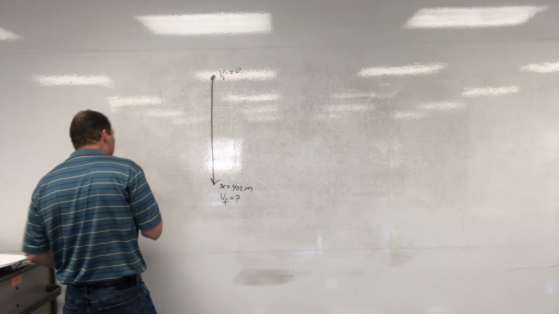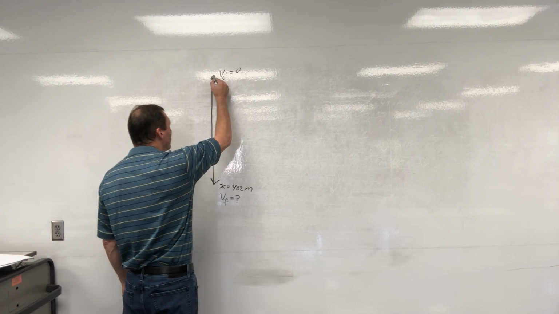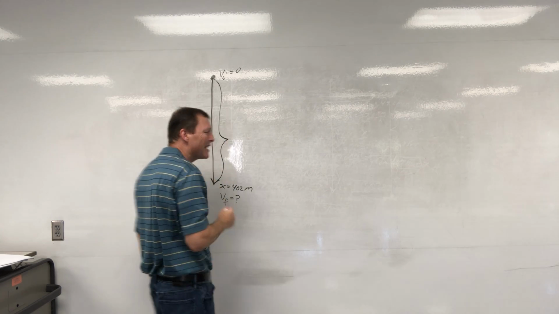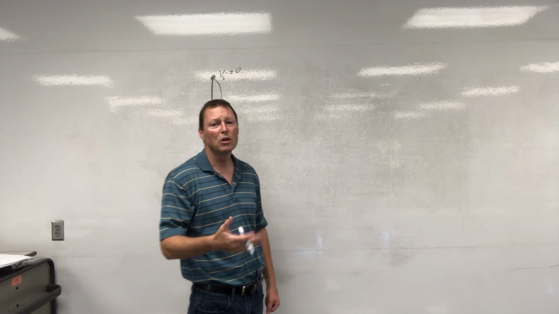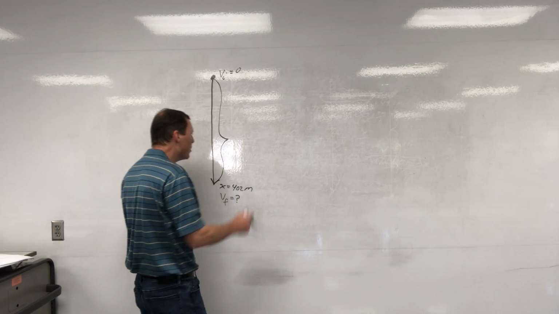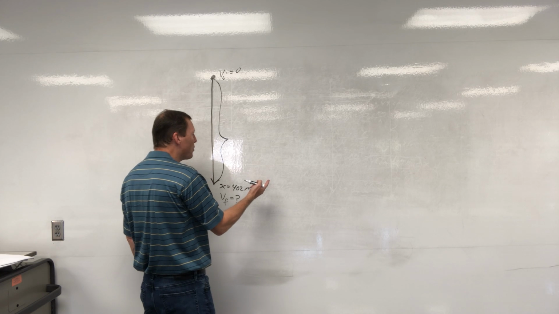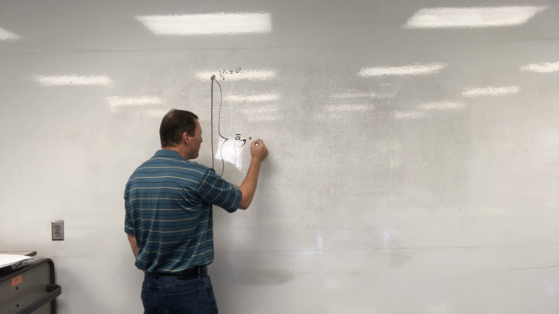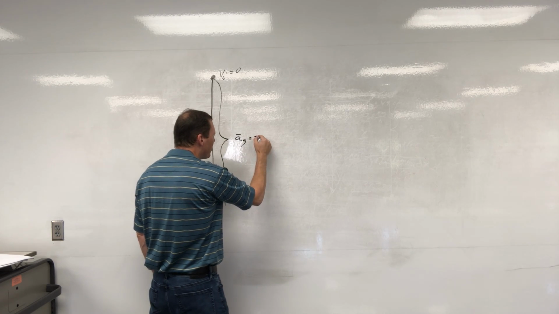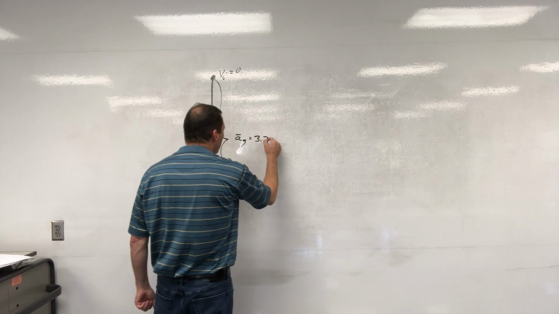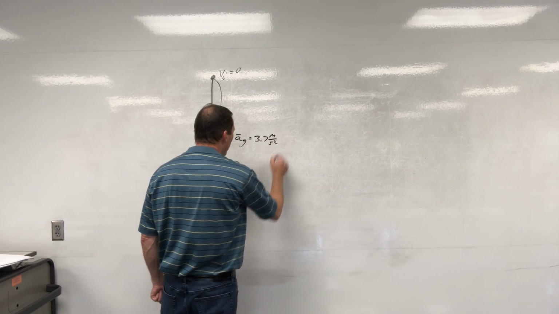And we also have the acceleration due to gravity. Now, we're on Mars, so that acceleration due to gravity is going to be a little bit different. In fact, it's going to be about 1/3 of what it is on Earth. On Earth, it's 9.81, but on Mars, it's going to be 3.7 meters per second squared.